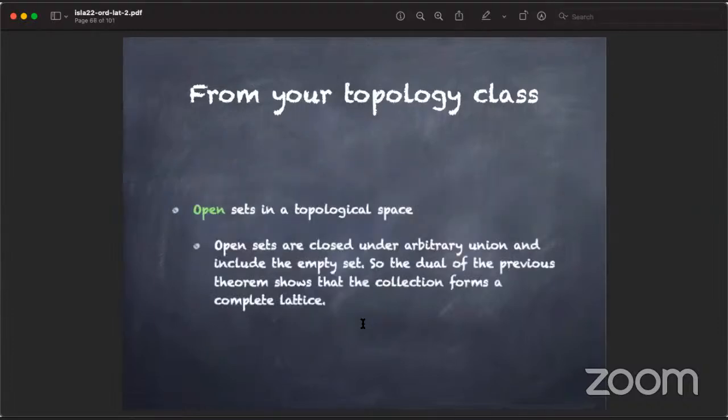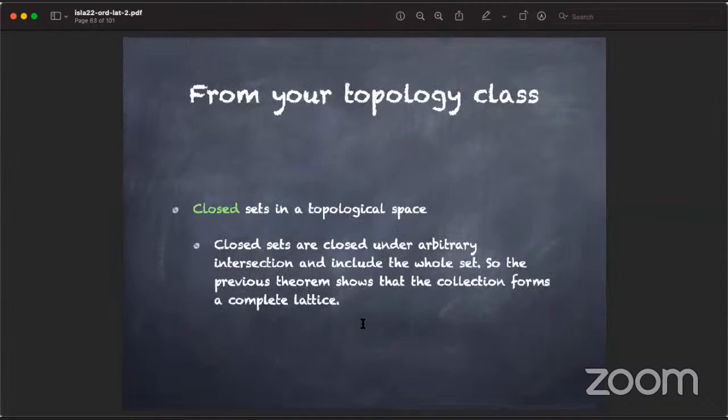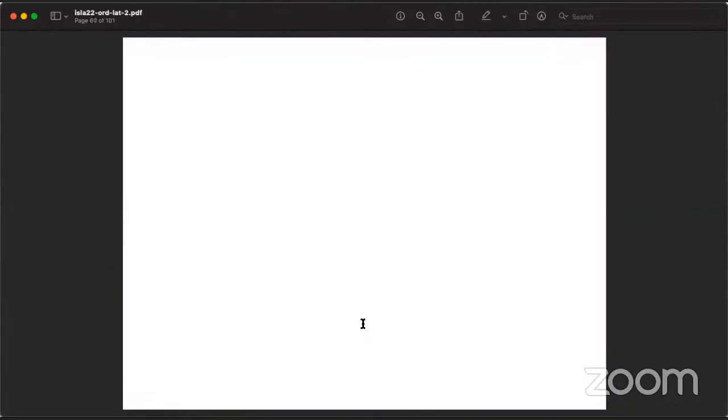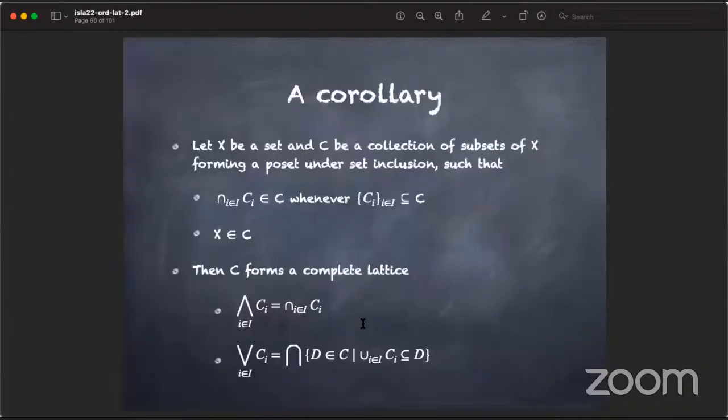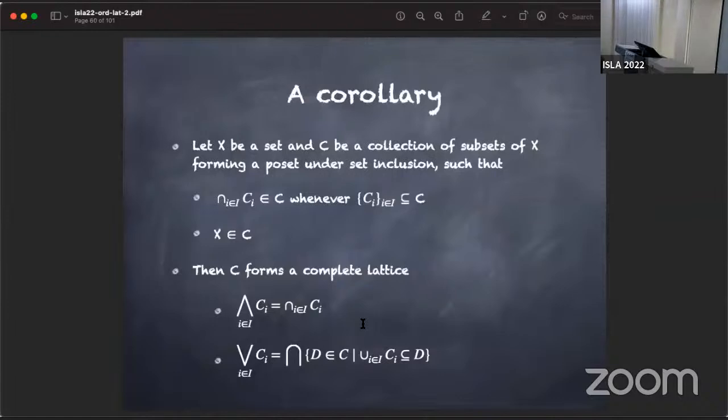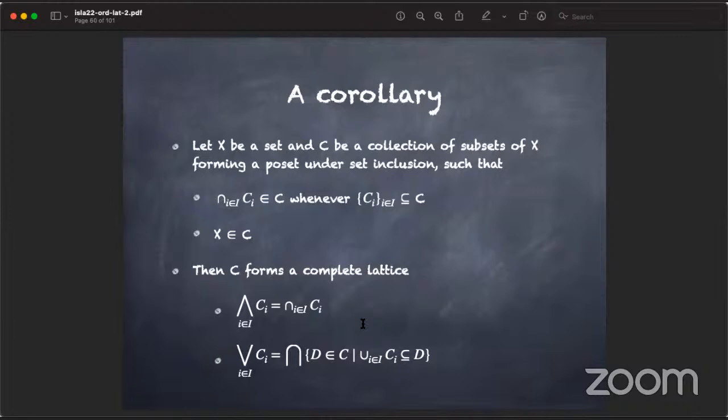So let me go back to the original definition. You just think of the dual thing here. So it should be the union of all the collection which is contained in the intersection.